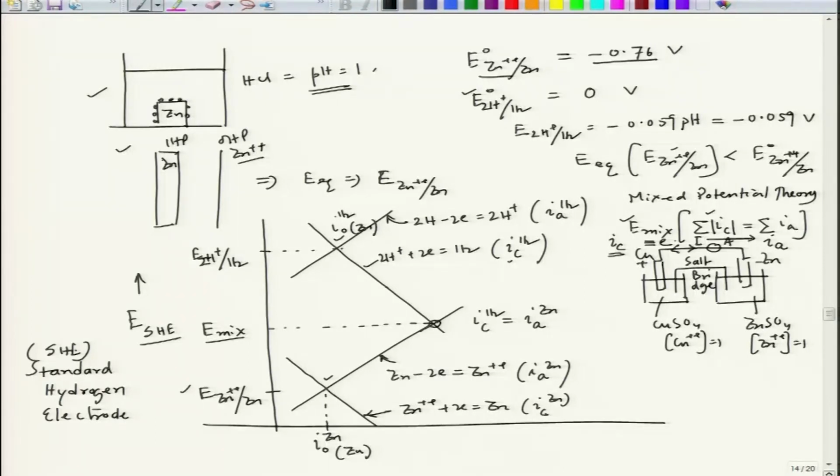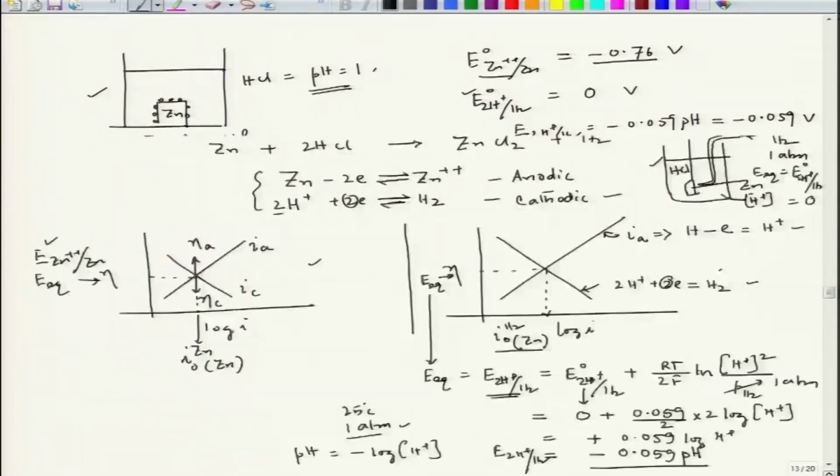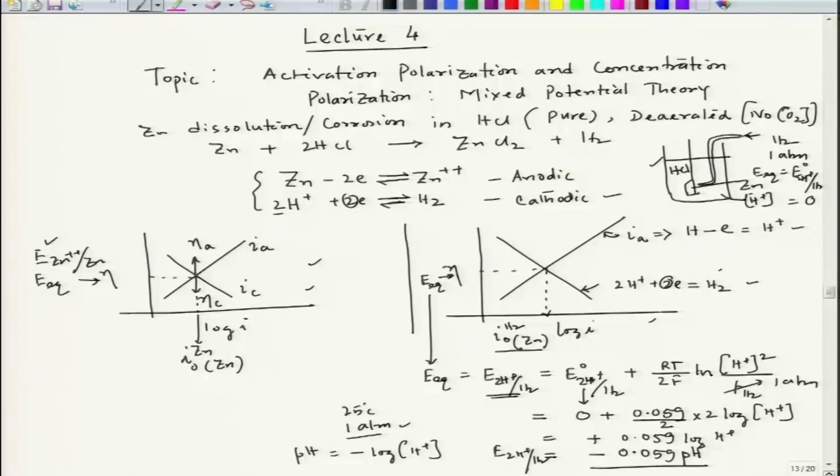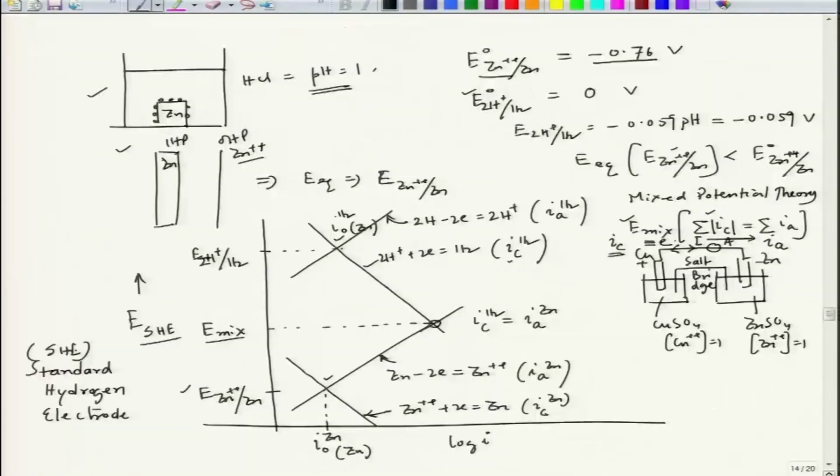Now, coming to some salient features in this diagram. This is of course log I scale, because these two plots are done on the basis of log I. So, this is also log I scale, this is potential axis. Now, if we consider this point and this point, 3 points, they are having some unique features.